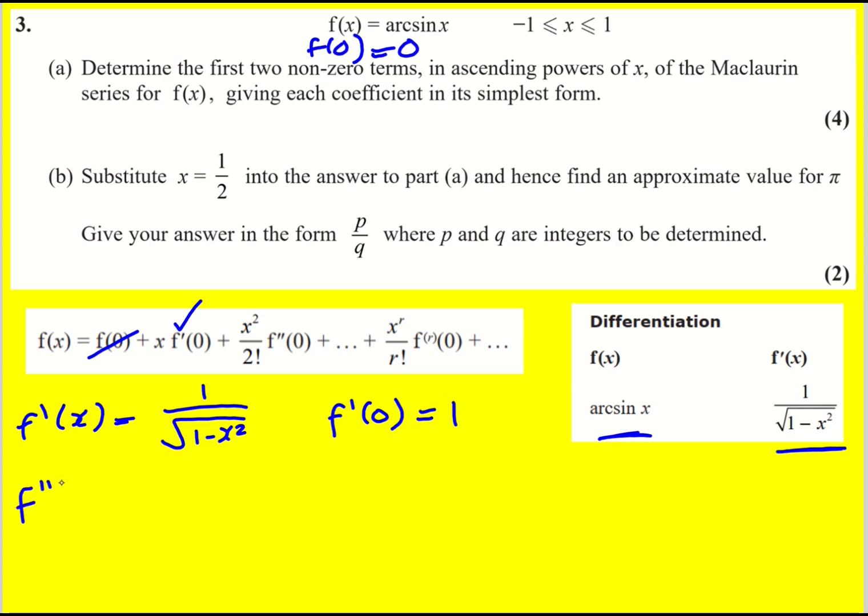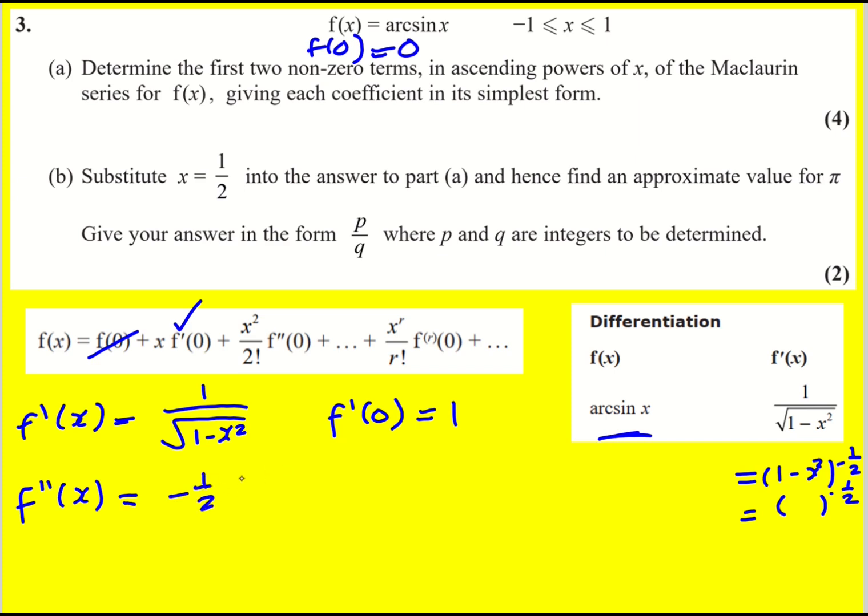Now on to f double dash x, the second derivative. Okay, well, I can write this, I don't need to use the quotient rule. I can write it as 1 minus x squared to the power of minus a half. And I'll just use the chain rule. Remember, we differentiate the outside, leaving the inside the same.